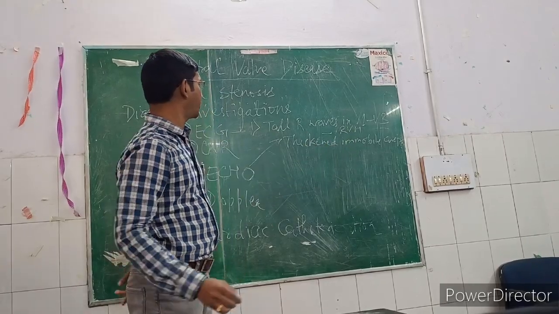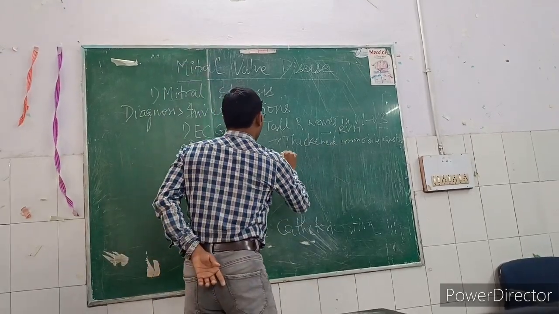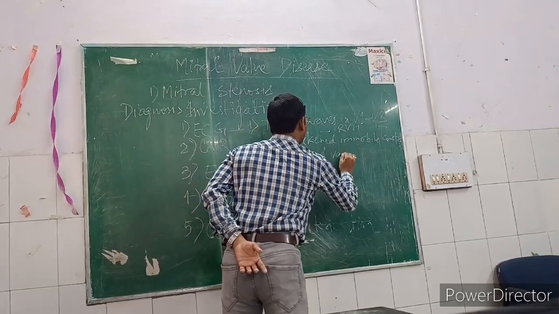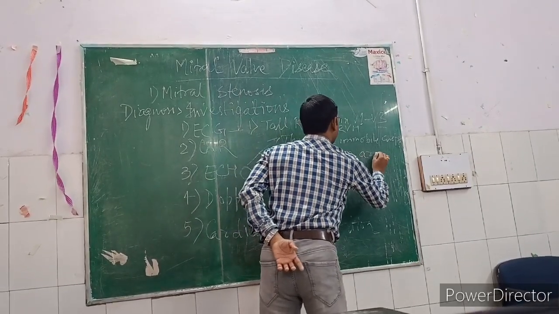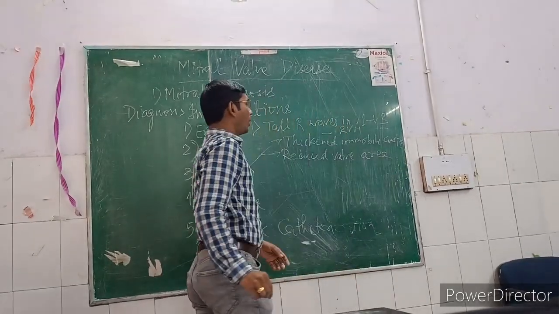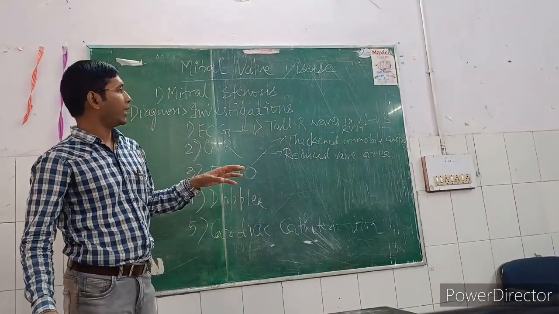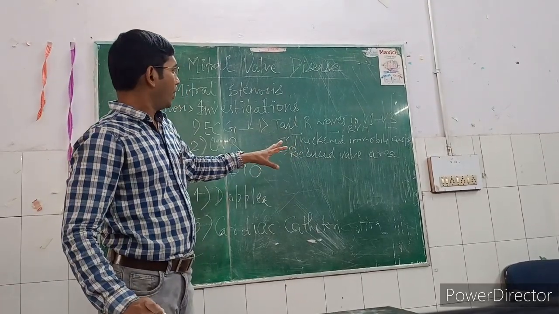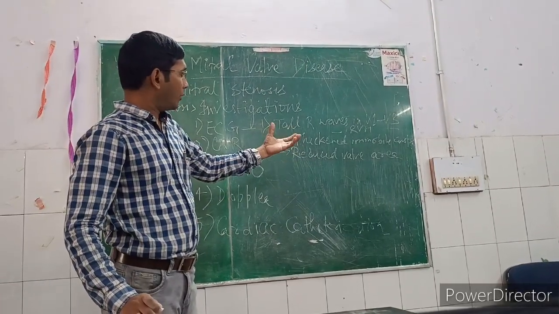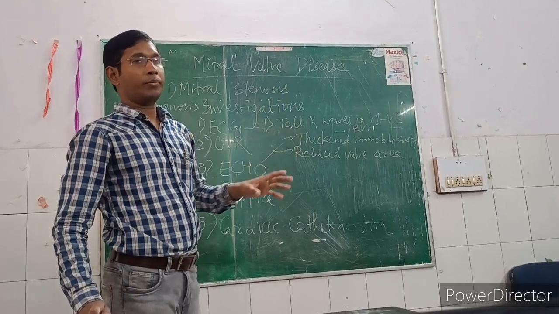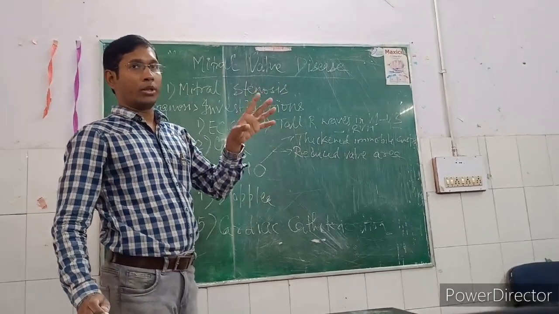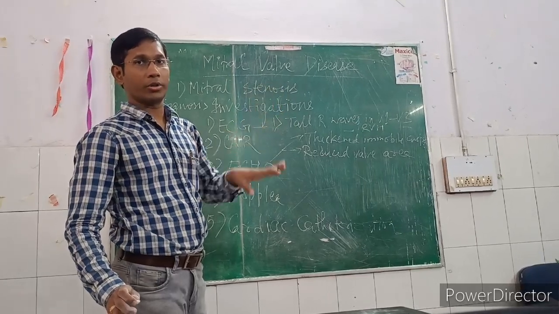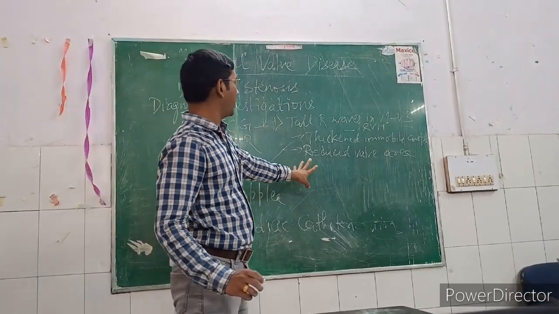Then reduced valve area. In case of severe mitral stenosis, the valve area becomes less than or equal to 1 centimeter square per meter square body surface area. So, reduced valve area.